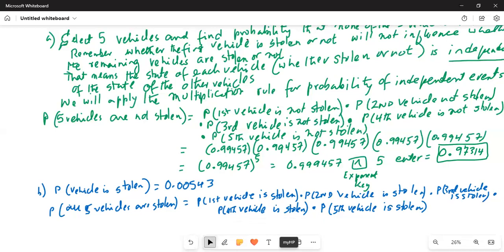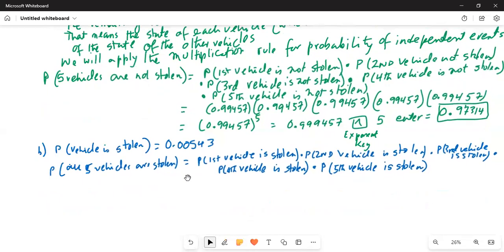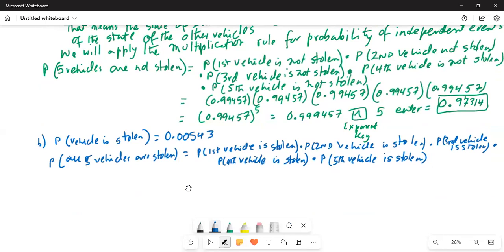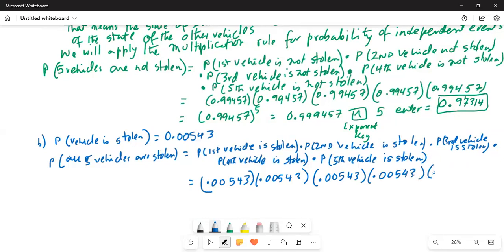So if I create some space, this will be equal to 0.00543 times 0.00543 times 0.00543 times 0.00543 times 0.00543. So it will be equal to 0.00543 exponent 5.